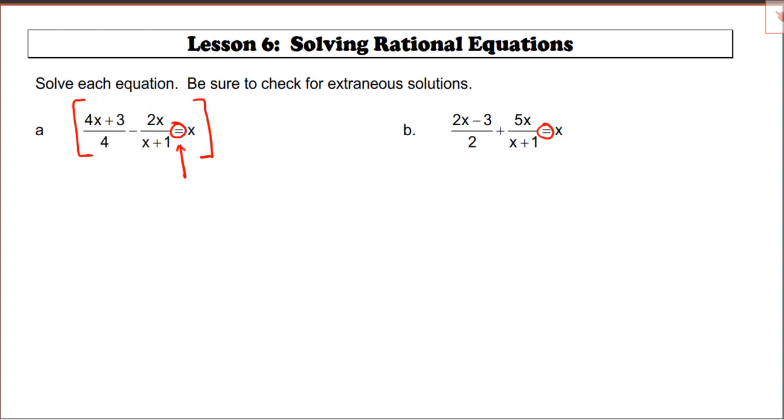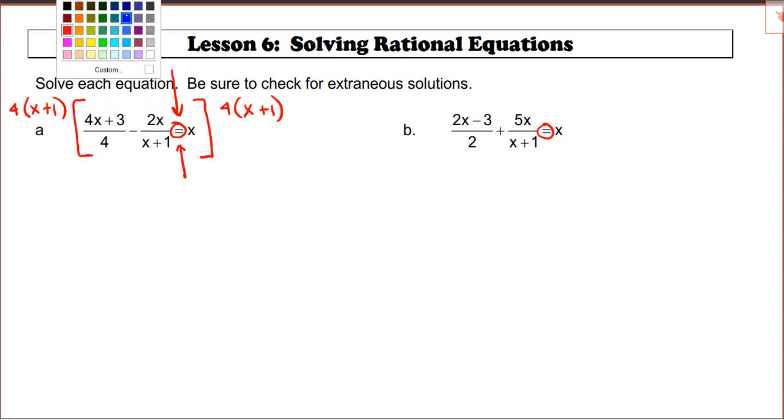Yes? So I'm going to multiply both sides by 4 and x plus 1. But that's if I have an equation. That's huge. Alright?